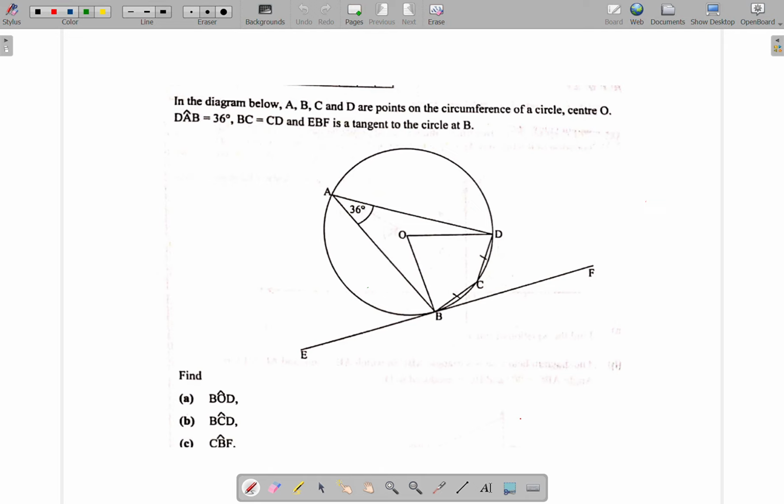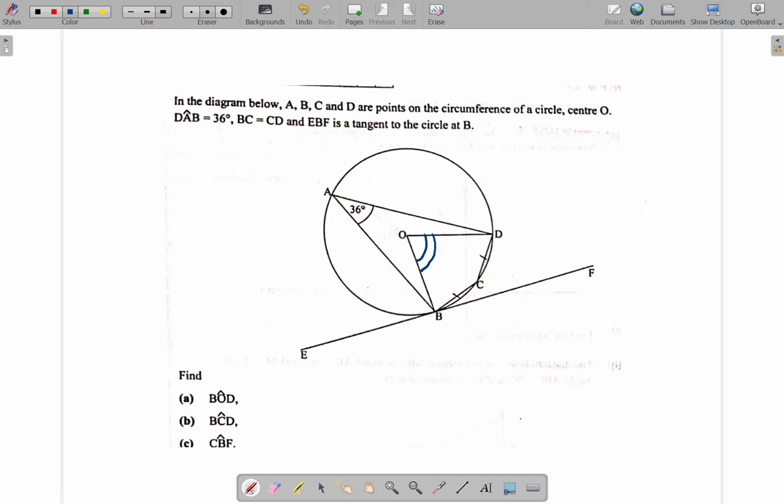So here BOD, remember the angle at the circumference is half the angle at the center. So this angle here is going to be double the angle at the circumference. So BOD is that angle there.